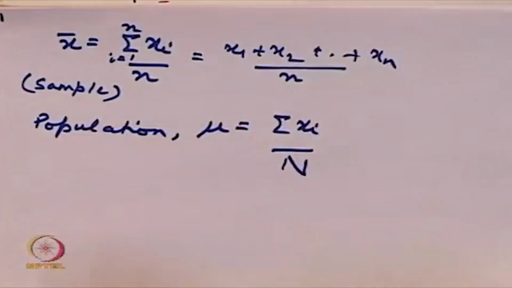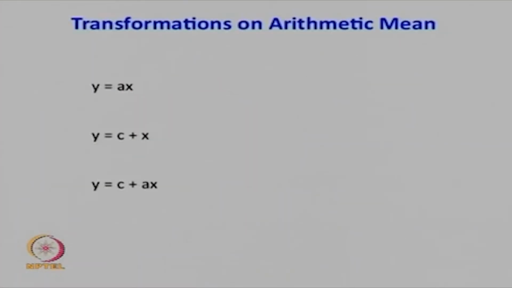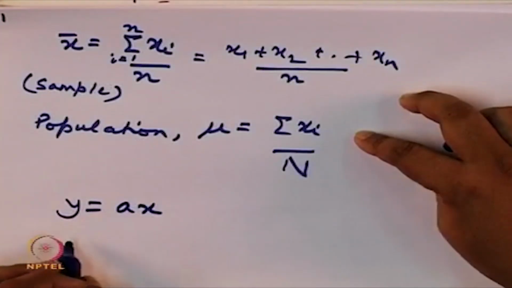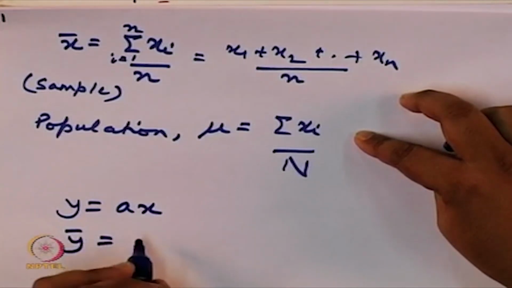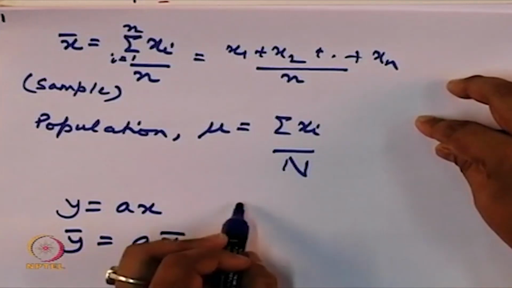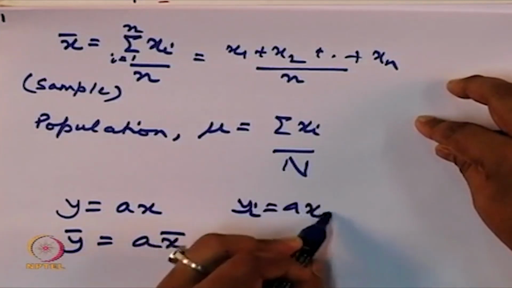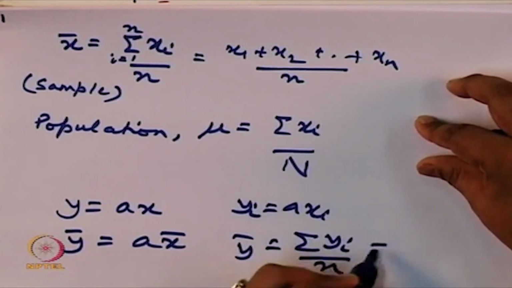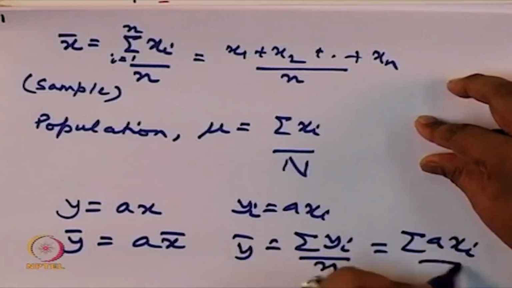Now, we had then discussed the different kinds of transformations which can be done on arithmetic mean and seen how the values vary. So, for example, if you have y is equal to a x, then we come to the conclusion y bar is equal to a x bar, and it is easy to prove, because if you have yi is equal to a xi, then y bar is defined by summation of yi by n is equal to summation of a xi by n.